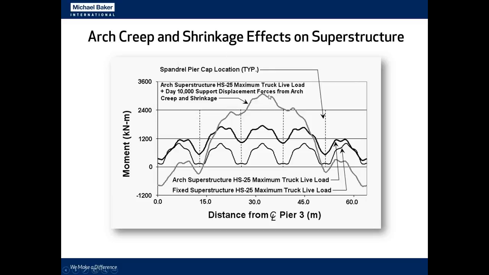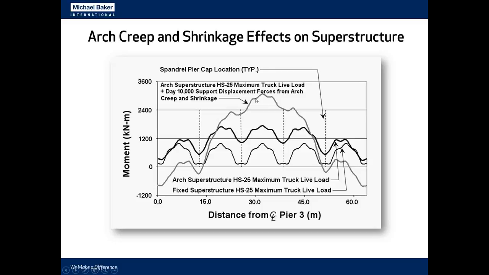Then we have additional moments. This is the live load moment plus, in the light gray line, the moments at day 10,000 due to long-term downward deflection of the arch due to creep and shrinkage.